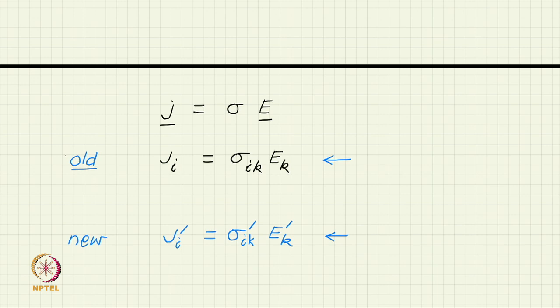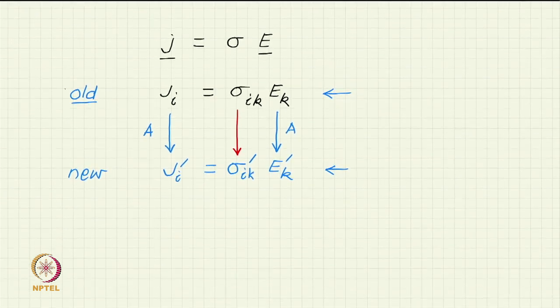As we do coordinate transformation, we have established the transformation from j I to j I prime and E k to E k prime through the coordinate transformation matrix A. The question is, what is the transformation between sigma I k and sigma I k prime? How do we establish that? So, let us look at this problem.